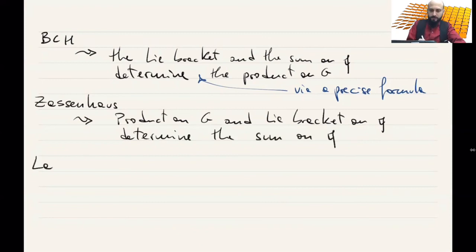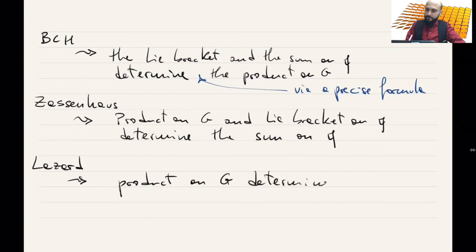And there is also something very general called the Lazard correspondence that tells you that the product on G determines the sum and the Lie bracket on the Lie algebra.